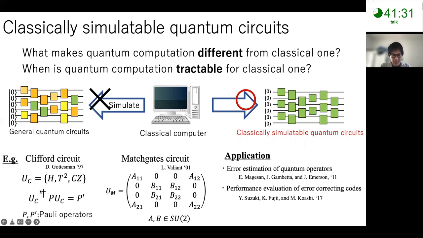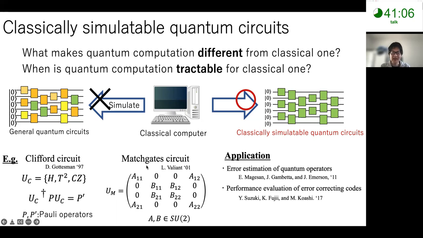When a Clifford gate conjugates a Pauli operator, the outcome is also a Pauli operator. Because of this structure, Clifford circuits composed of these three unitary gates are classically simulable, because a classical computer can track these Pauli operators.